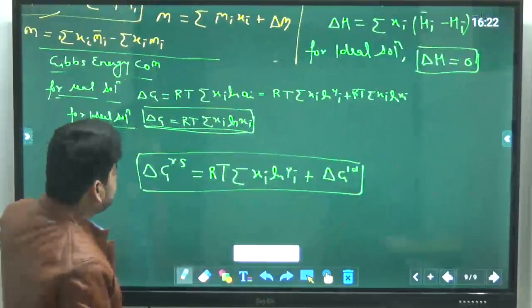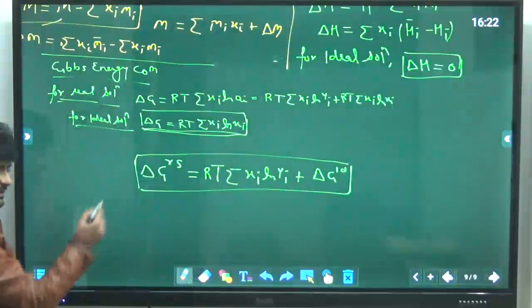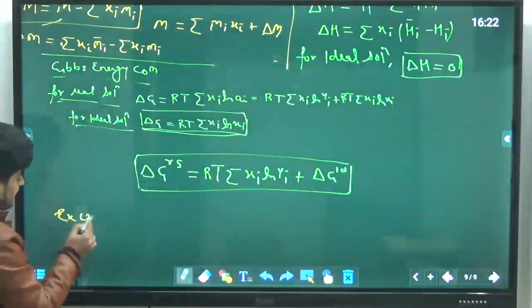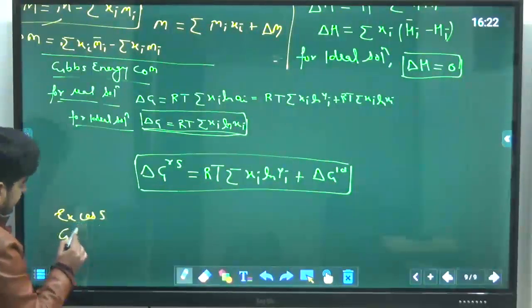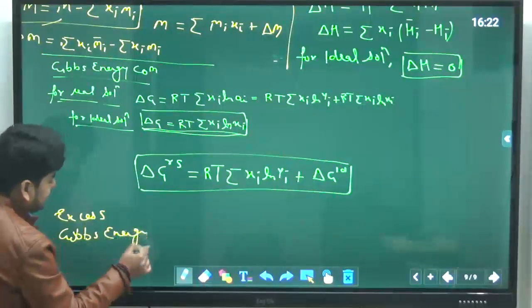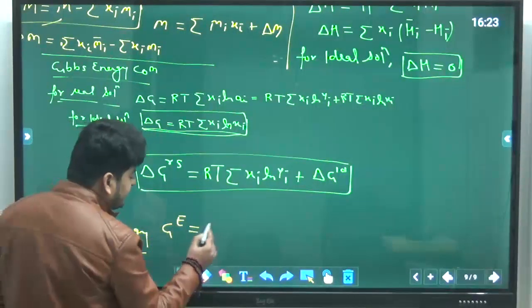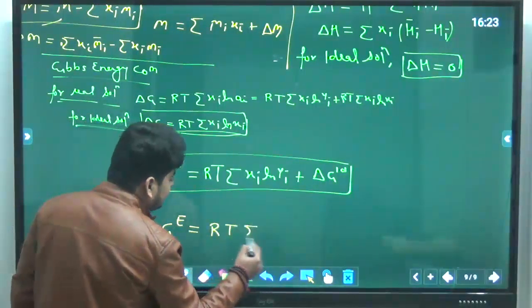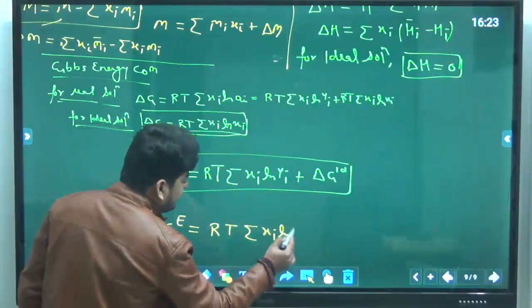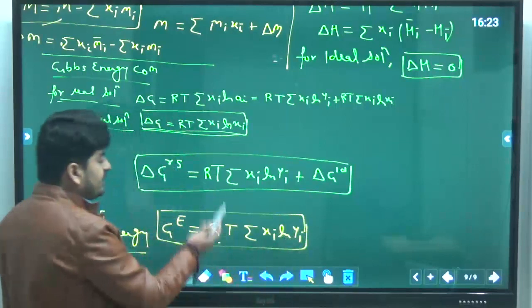And further, one more thing you should know is that there is a term called excess Gibbs energy that we will discuss. Okay, the excess Gibbs energy. The molar excess Gibbs energy is GE, and that we can calculate as RT summation Xi ln gamma i.